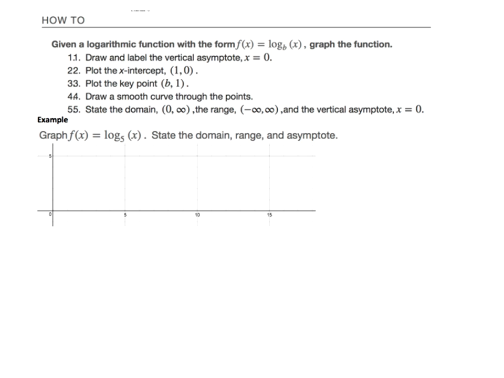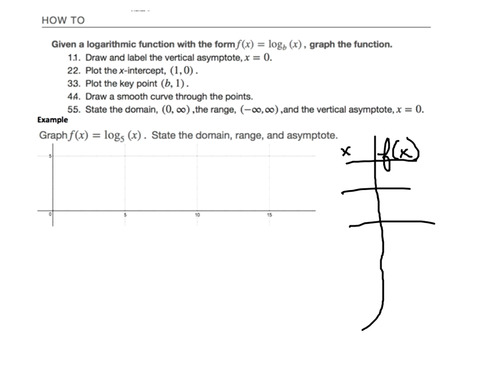Okay, let's put one of these onto the graph. So we'll just create an f of x table. And I have not translated, so I know that this is going to go through the point 1, 0.